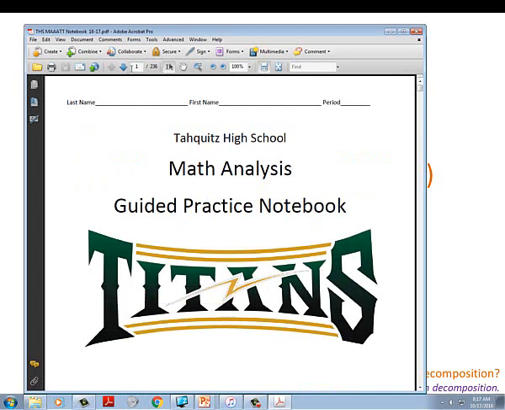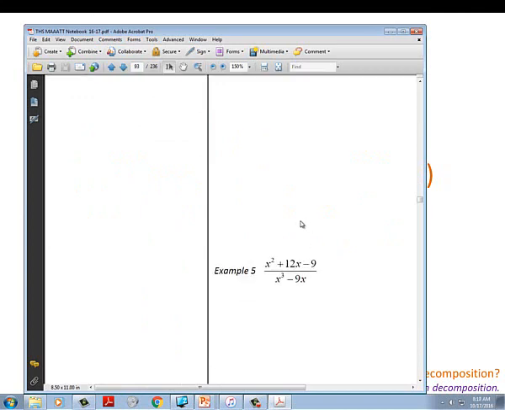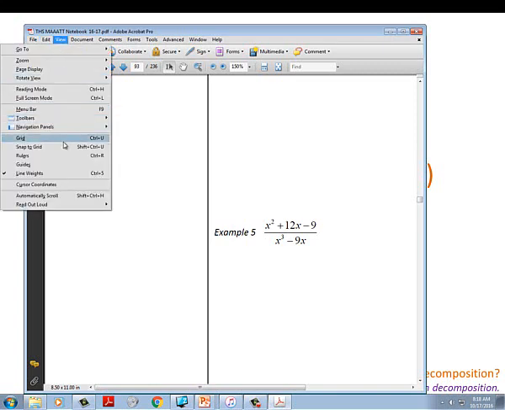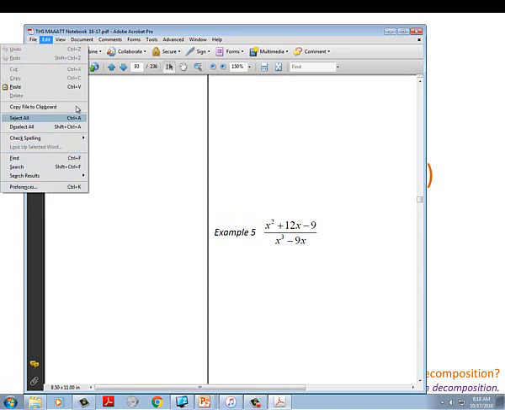Oh, there it is. All right, what page are we on in our notes right now? 93. 92. Okay, so I'm going to grab this last example here before we get too far so that I don't have to write it out. It is under view, I think. Nope. Edit. Nope.